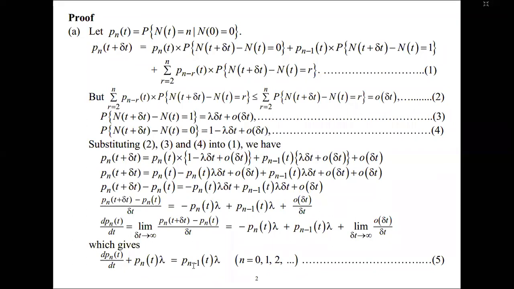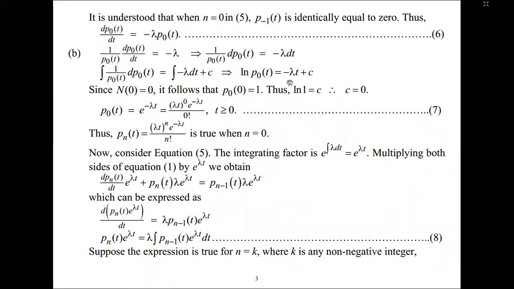This place will be -1, you know that. So we obtain this expression, and P of -1 is 0, it does not exist. Thus, when n is equal to 0, we obtain this equation. So these are the two equations we have to show for the A part.